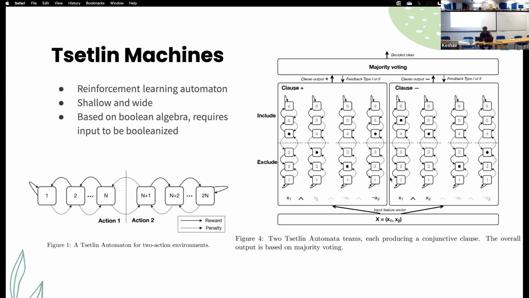to determine whether or not your input is a member of a single class. This is made a little more complicated because there are two automata for each bit of input. The second automaton includes or excludes the inverse of that input bit. Likewise, half of the clauses say yes, this feature determines classification, and the other half say no, this feature determines not classification.